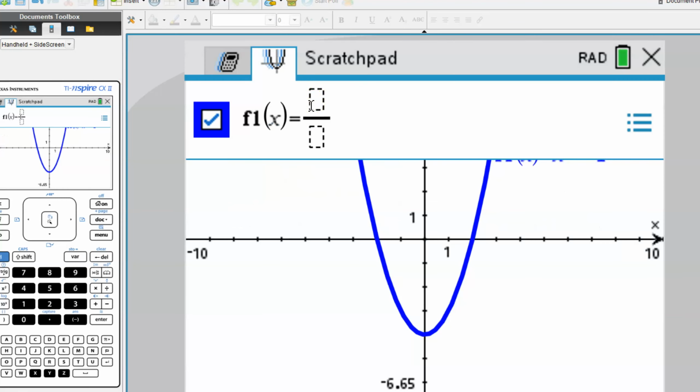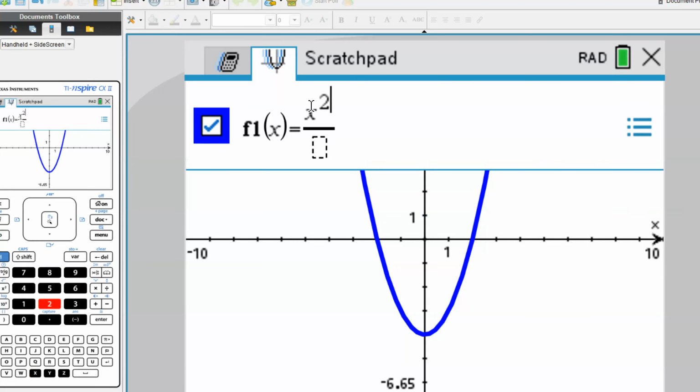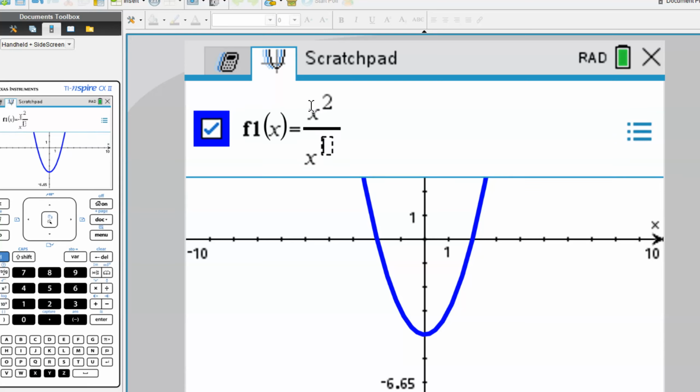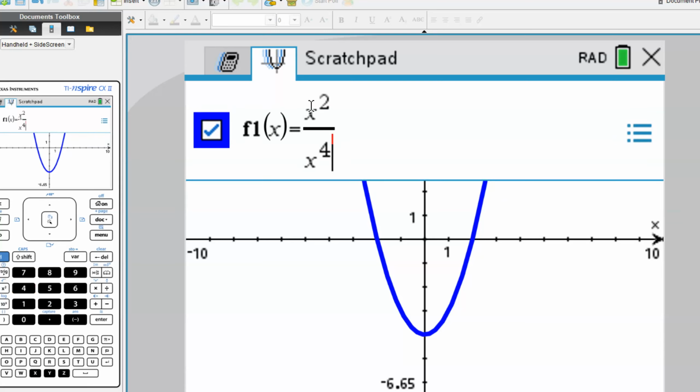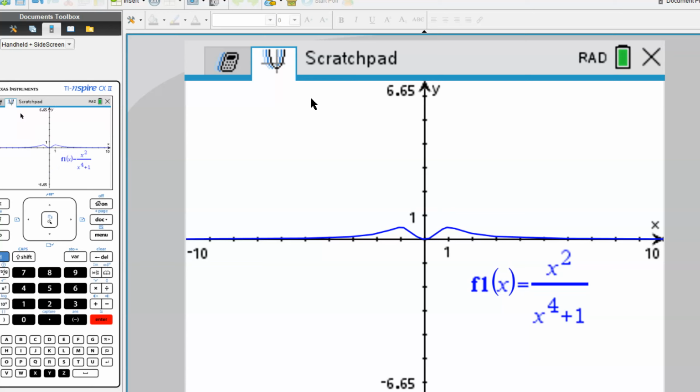That way you don't have to. You can use parentheses and the divide by symbol, but I just want to be extra today. So I have x squared over x to the 4th plus 1. Ooh, interesting. It looks like it is... What do you notice?